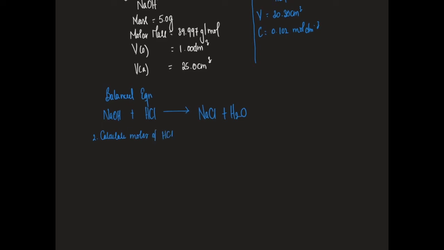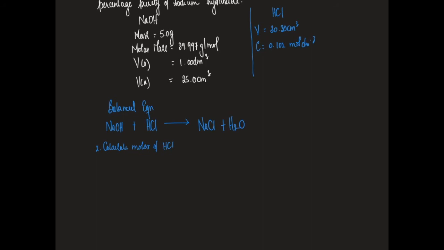And the reason we're going to calculate the moles of hydrochloric acid is because we have both the concentration and the volume. And as you should know by now, the number of moles is equal to concentration by volume. But if you need a useful memory aid, you can always use the triangle here.